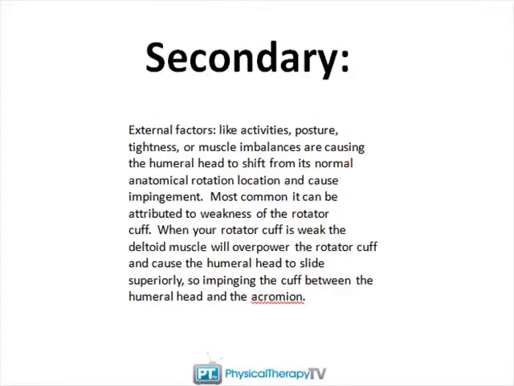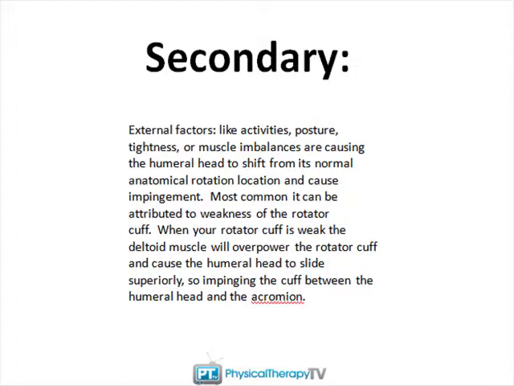A secondary cause for shoulder impingement would be external factors like your activities, or postural tightness of the muscles in the front of the shoulder, which causes the humeral head to shift from its normal anatomical position, leading to impingement. Most commonly, it can be attributed to weakness of your rotator cuff.